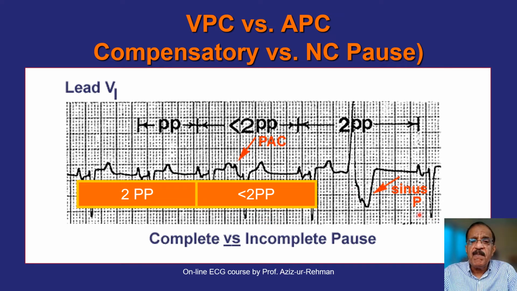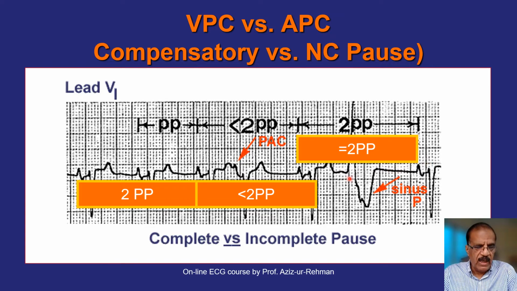But when we compare it with the ventricles, in the ventricles it is fully compensatory. This one corresponds with the P wave. And this one actually might include what is called recovery time, but let's not make things more complicated. You just remember one thing: in ventricular premature beats, there is a full compensatory pause, but in atrial premature beats, there is no full compensatory pause.